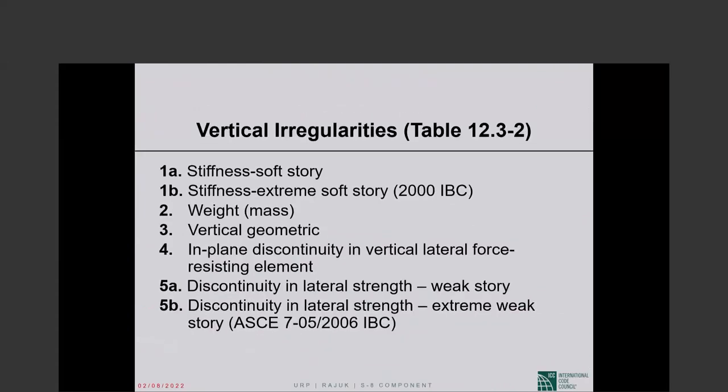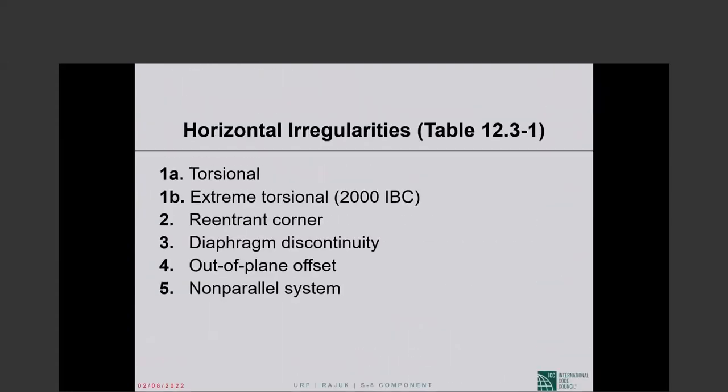The way ACI 7 handles it, we have definitions, and then there is a table that tells you, if you have, let us say, torsional irregularity, which particular sections of ACI 7 get triggered.